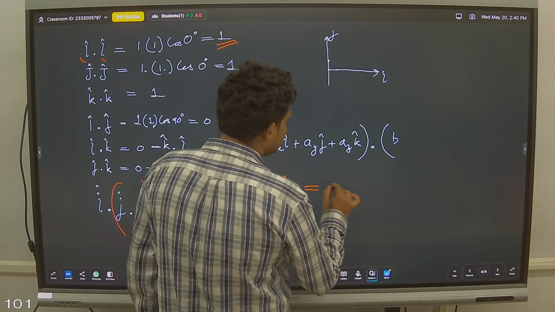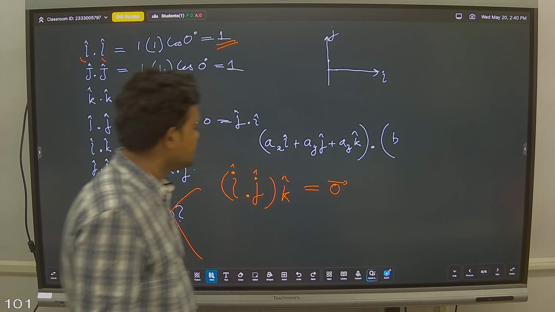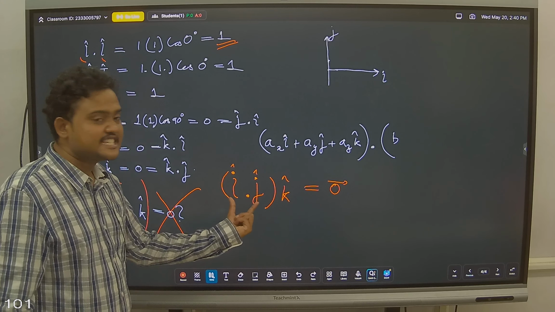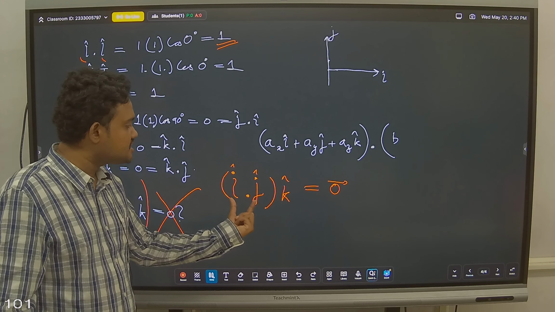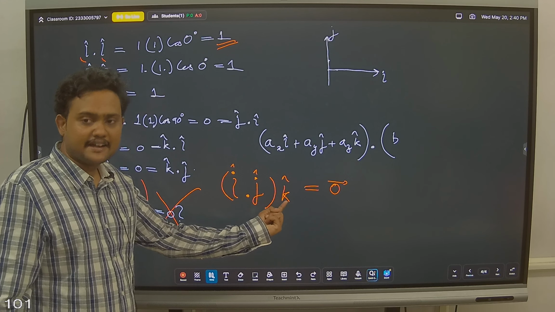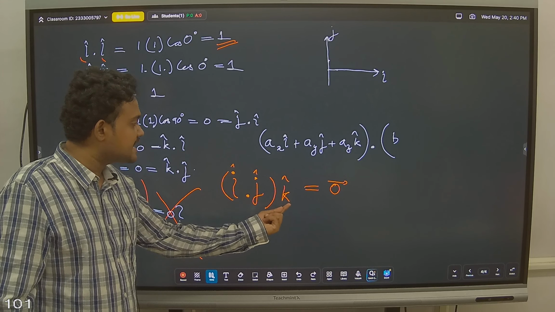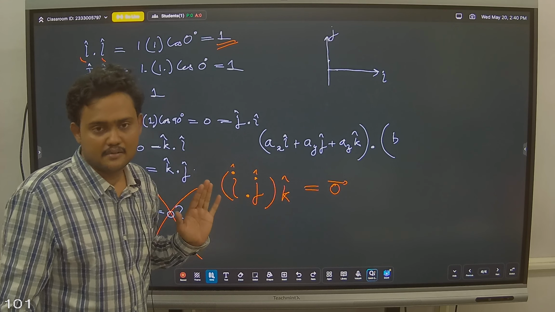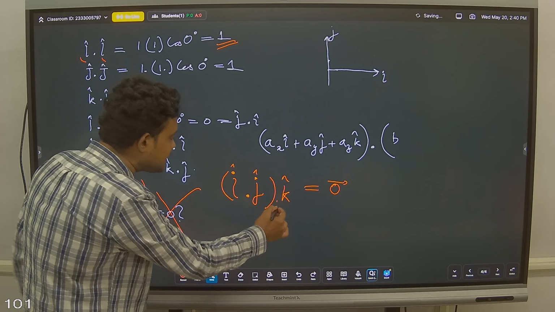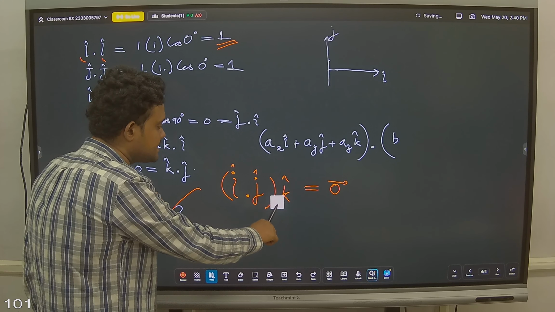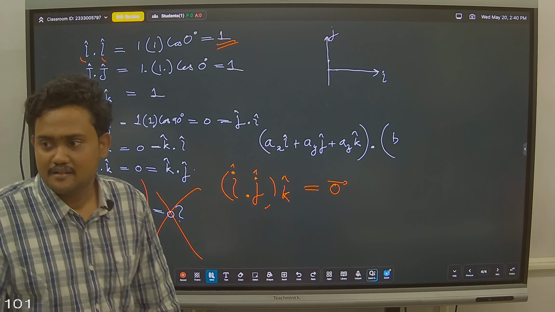Right. Because you are multiplying the scalar value, which is i dot j, times the k vector. You are multiplying a scalar value times the k vector, you get the null vector. But if I were to put dot here, it will become not defined. You understand? Clear?